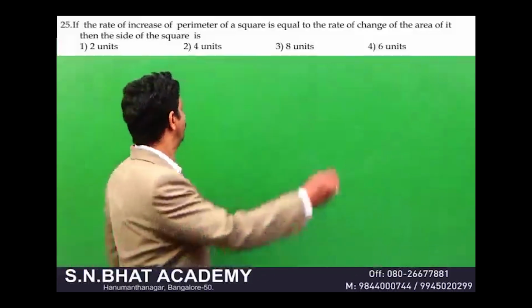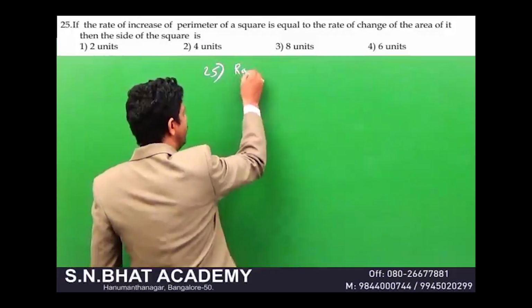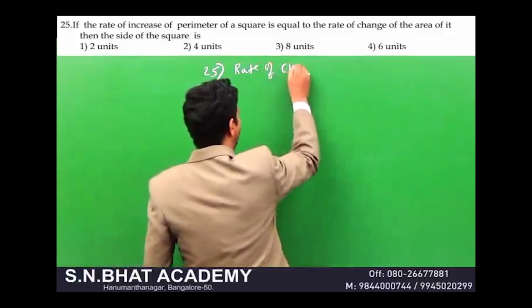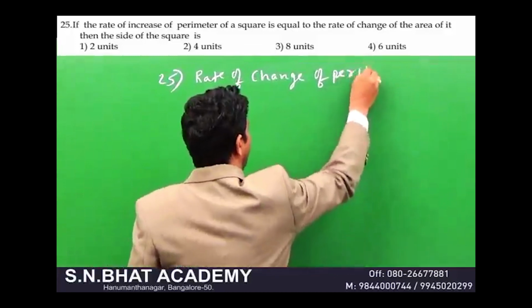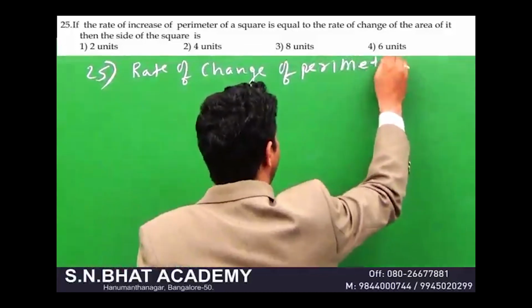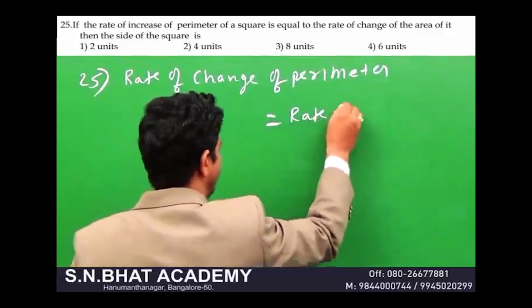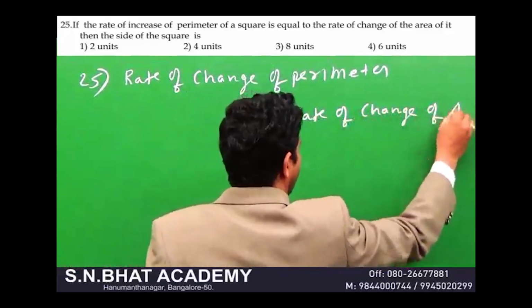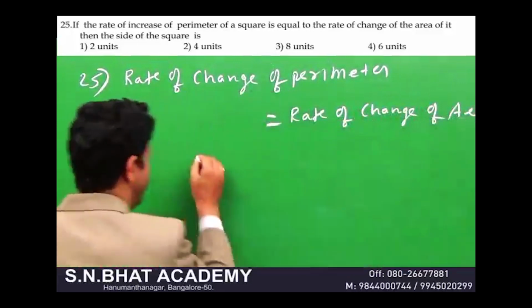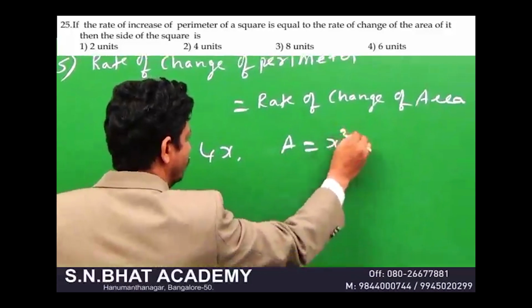Question number 25. In this question, it is given that rate of change of perimeter of a square is equal to rate of change of its area. So perimeter of a square is 4x, whereas area is x square.